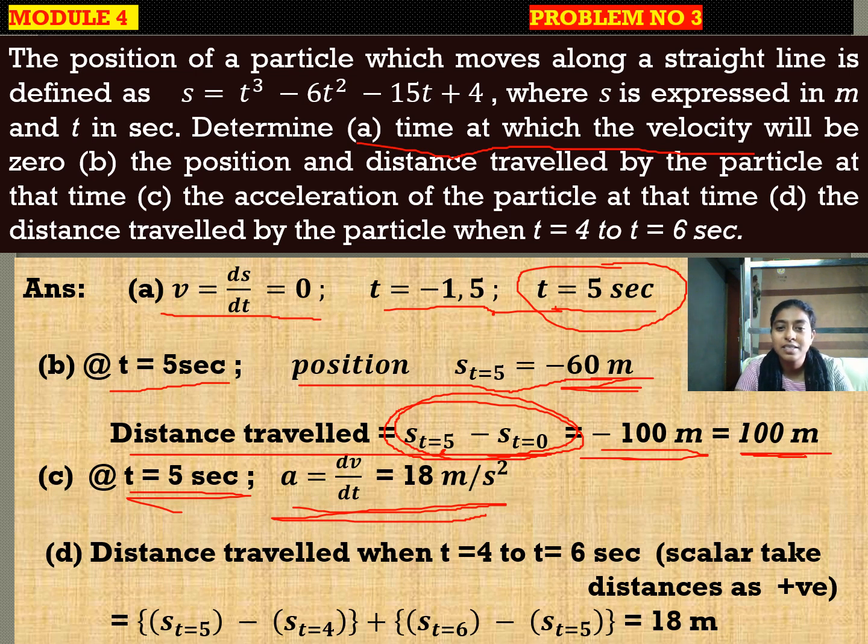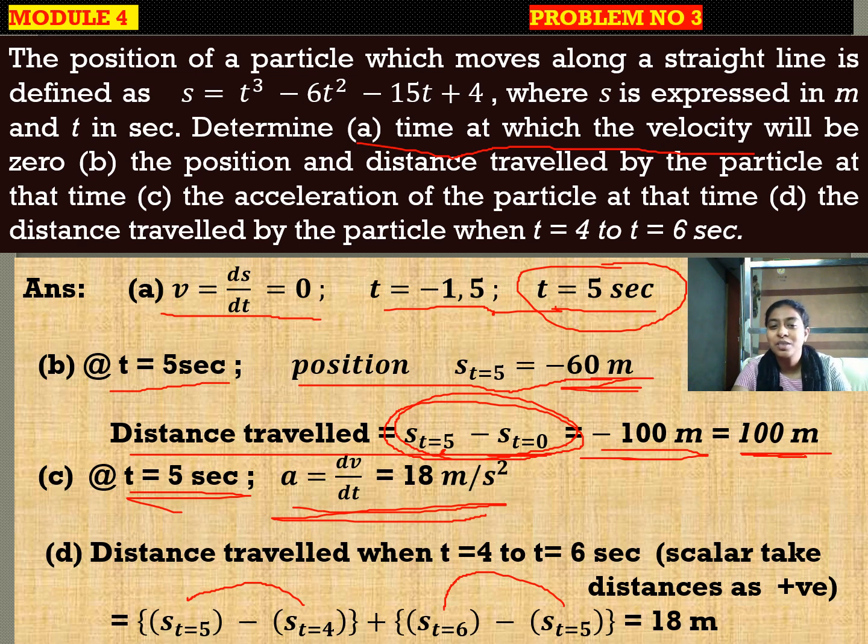Next is the distance travelled when t is equal to 4 to 6 seconds. From 4 to 6 seconds we have 2 seconds. Now our formula: from 4 to 5 seconds, 4th second to 5th second, what is the distance travelled? From 5th to 6th second, what is the distance travelled?